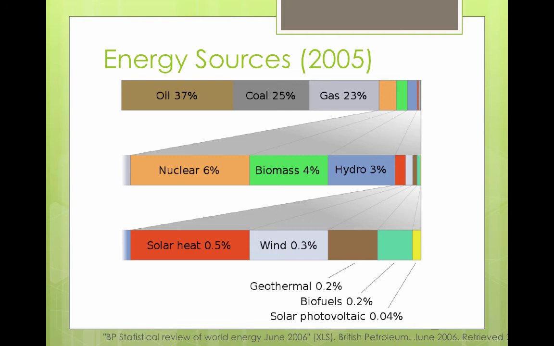A typical distribution of energy sources, where in the world we get our energy, is shown here. Most of the energy that's used in the world comes from oil, coal, and gas, and a smaller amount comes from either biofuels or zero-emission fuels. These include nuclear, biomass, hydro energy, solar energy, wind energy. And you can see down at the bottom, biofuels is a very small percentage of what supplies the world's need for energy.